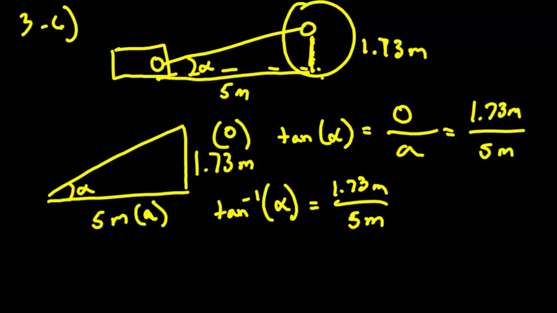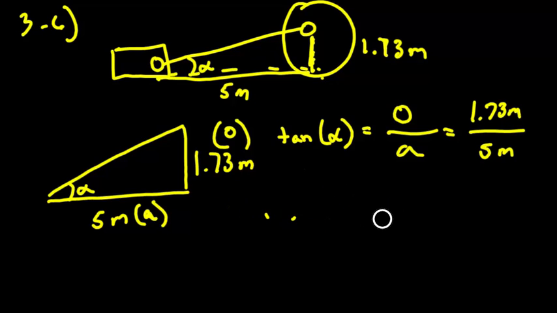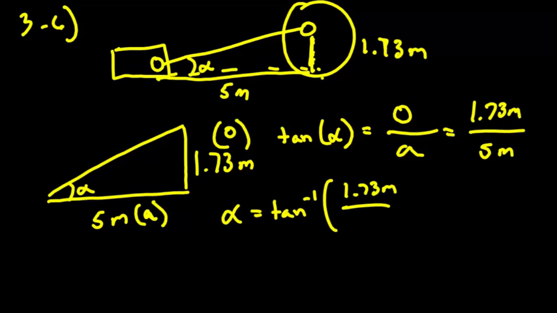Let me rewrite this. We're going to have alpha equal to the inverse tangent of 1.73 meters over 5 meters. And this is equal to 19.09 degrees.